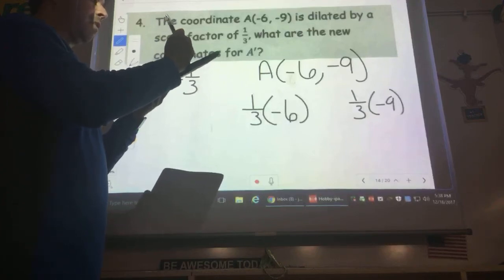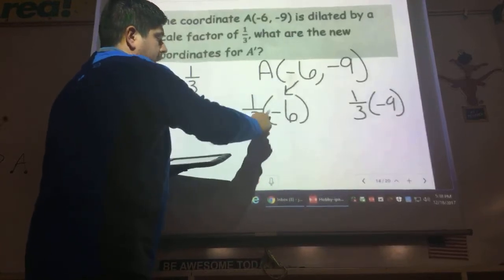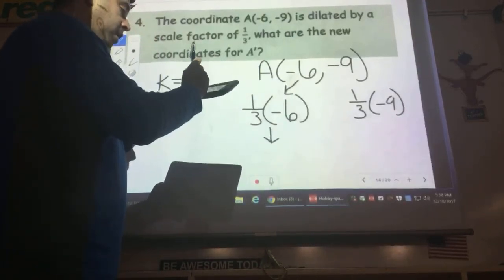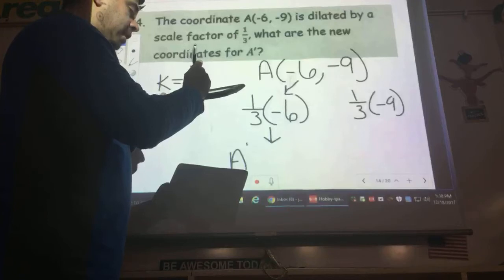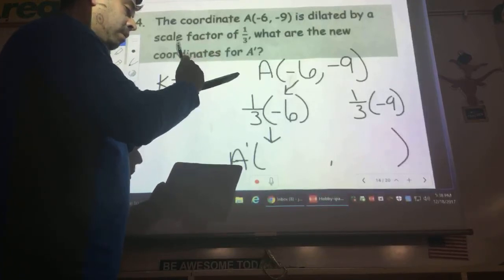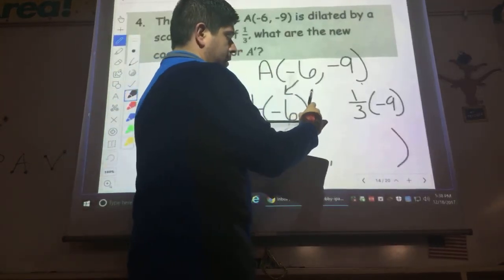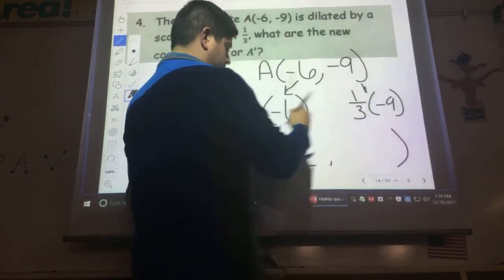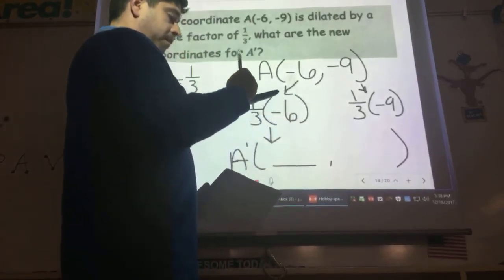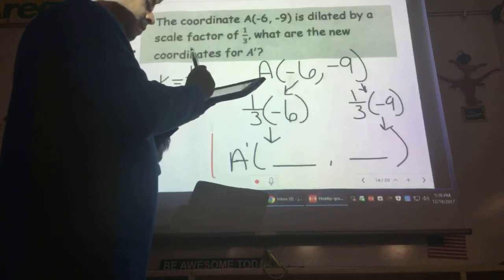Times -9. There we go. So once I do this here, I multiply that. That's going to give me the x coordinate for A prime. And then once I multiply -9 times 1/3, or 1/3 times -9, that's going to give me my y coordinate for A prime.